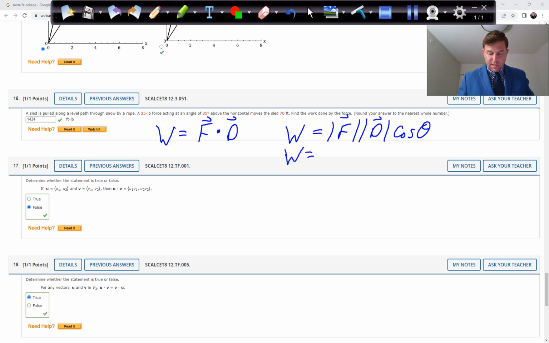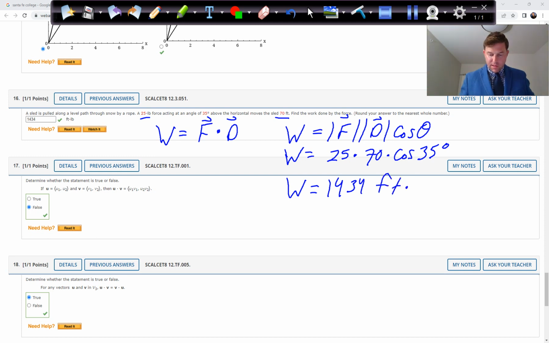It says the magnitude of the force is 25 pounds. The distance she dragged the sled, so she's dragging a sled, was 70 feet. And the angle between the force and the distance was 35 degrees. So if you take cosine of 35 and multiply by 70 and 25, you'll get the work done by pulling this sled is 1434 foot-pounds.